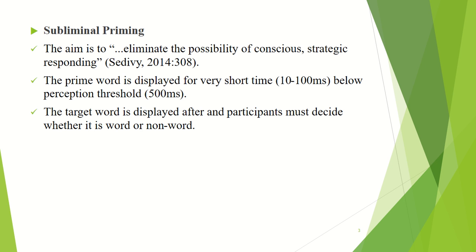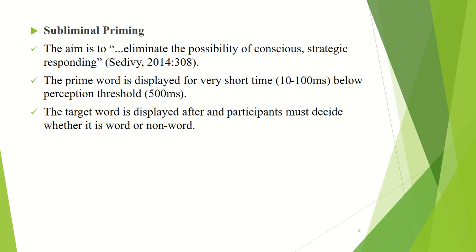So that's why, in order to remove the effect of strategies that the brain or conscious memory uses to process and analyze the stimuli, the prime words are displayed for very short time, which is below the perception threshold.